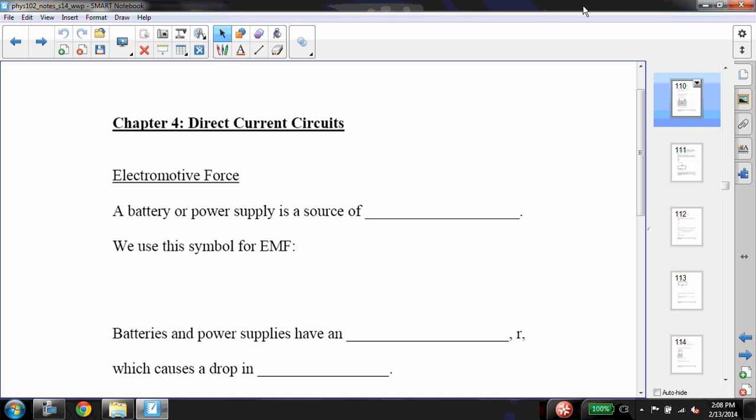So first, electromotive force. We've already used electromotive force, but we just haven't called it this. It's really just a new word that we're going to use for potential difference. A battery or a power supply is a source of electromotive force.